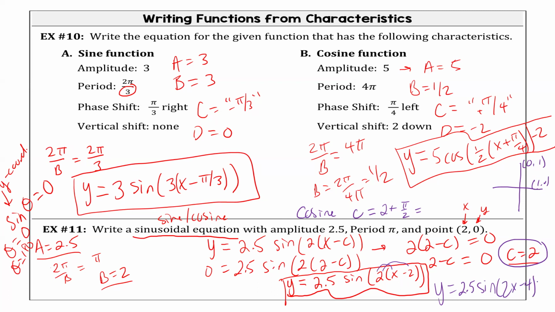And that's what I'm adding onto. Okay, so we have y equals 2.5 cosine of 2x minus 4 plus pi over 2.